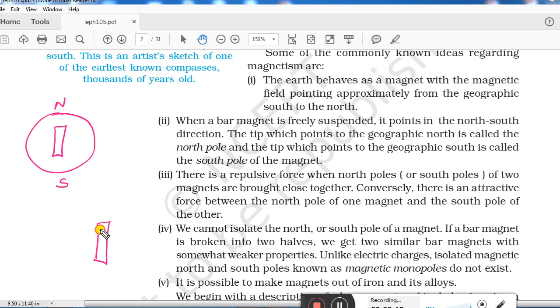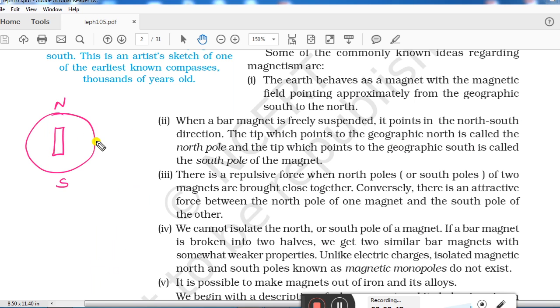It is a magnet in the shape of a bar, having north pole at one end and south pole at the other end. So what will be the direction of north and south of this bar magnet? The same we are going to study in the second part.